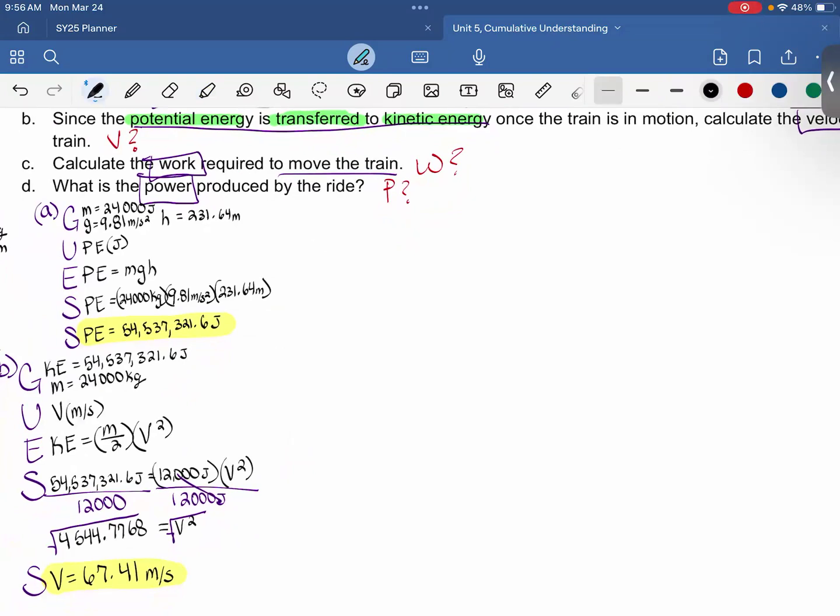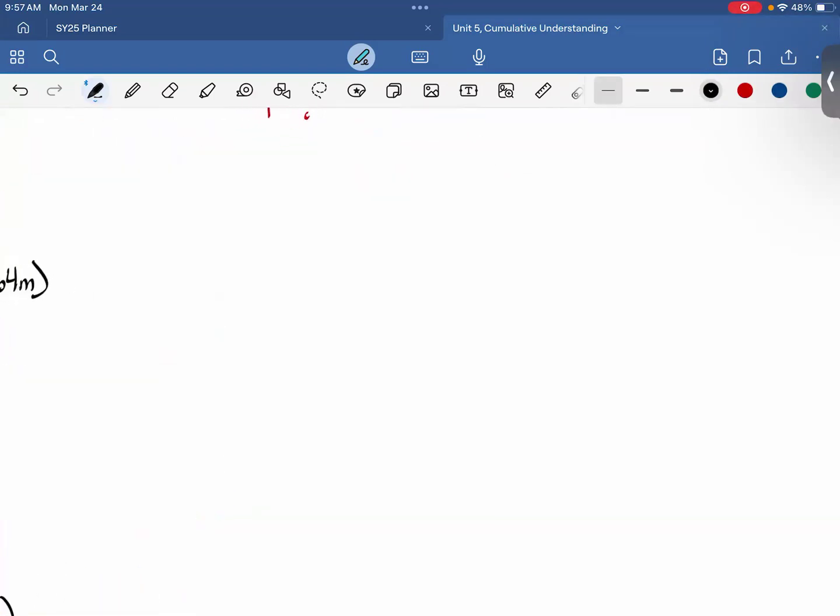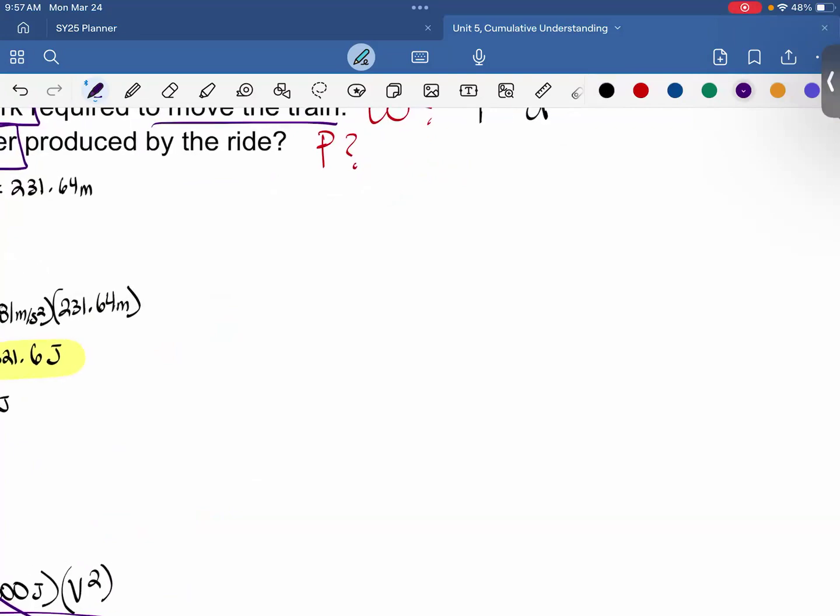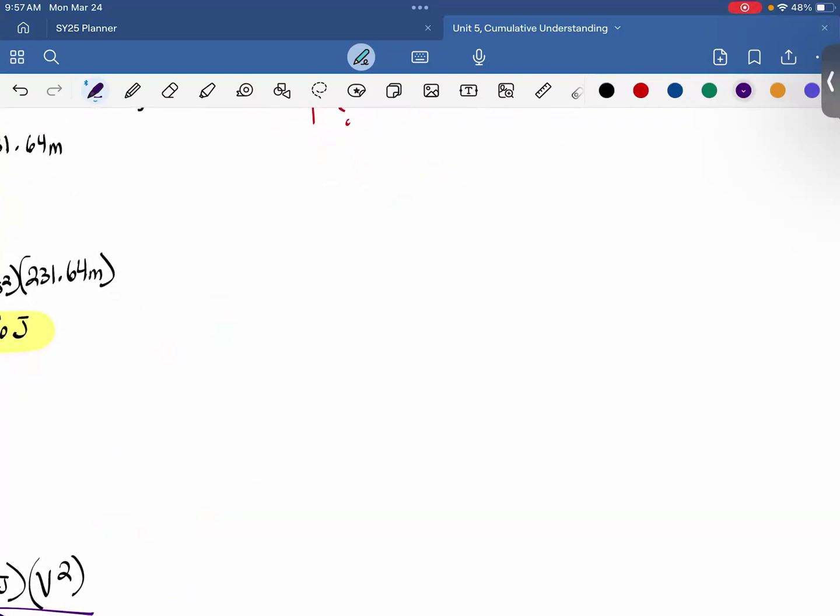But when we think about the work equation, the two variables that we must know to find work are force and displacement. Well, we know the displacement because that's the height of the roller coaster. So displacement and height are the same thing because they're both measured in meters. But what we don't know is the force. In order to find force, we need to be able to multiply the mass and gravity, which is going to pull the ride down or cause the acceleration of the ride going down.